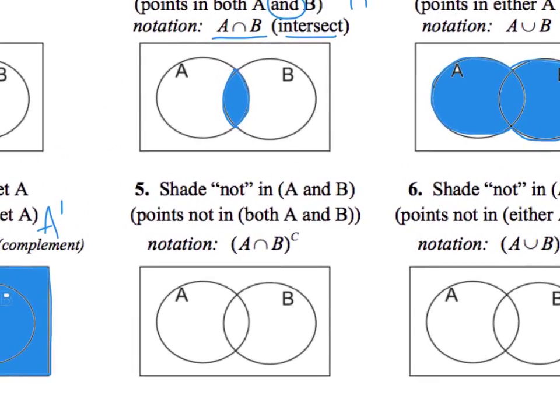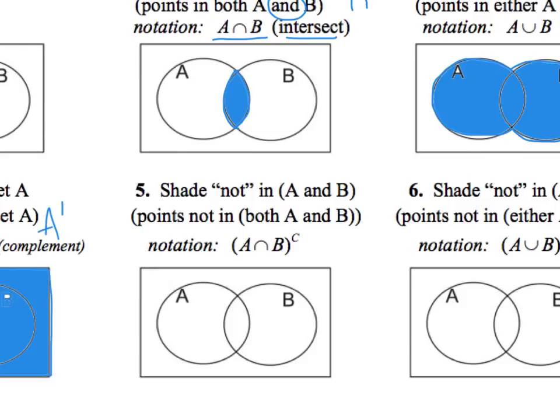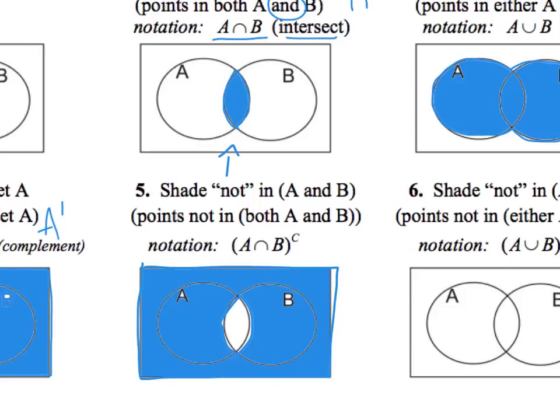Okay, so then we just do any combination of all of these. If I do the complement of A and B, this is A and B, as I just showed you right here. So it's everything that isn't in the intersection. Remember the little box is everything. So this is all this stuff, anything but the intersection.